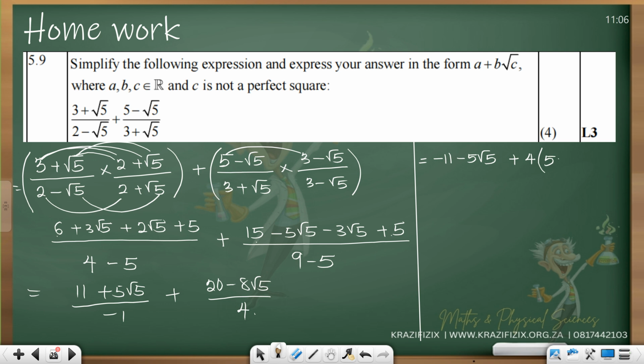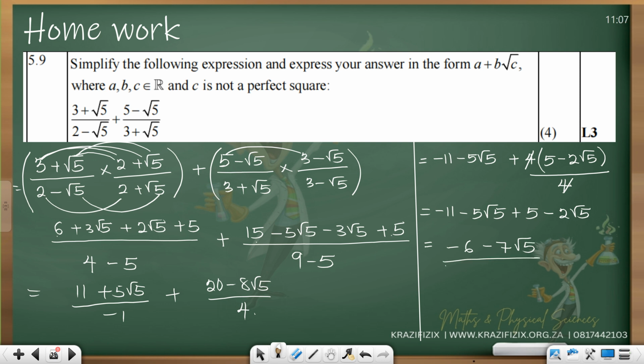What do we have? 5 minus 2 root 5 over 4. Negative 11 minus 5 root 5 plus 5 minus 2 root 5. Then we simplify. 5 minus 11 would be what? Negative 6 minus 7 root 5. Oh, beautiful.